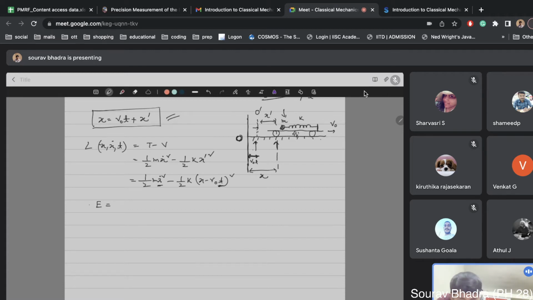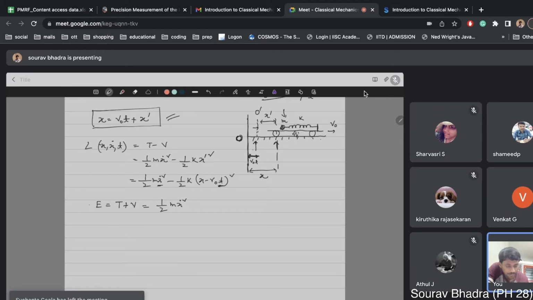E, that is the total energy. If we write the total energy of this particular system, that will be half m x dot square plus half k x minus v0 t square. So this is the total energy of this particular system. Now let us go to the momentum part.